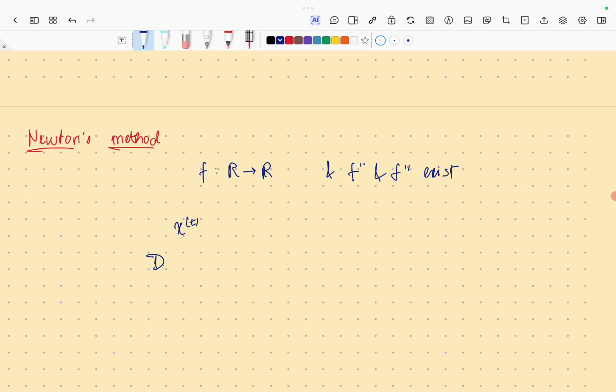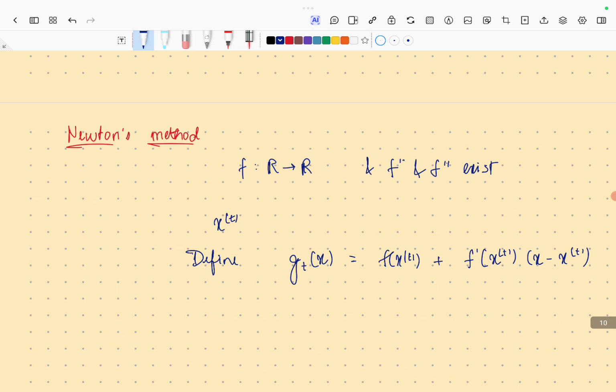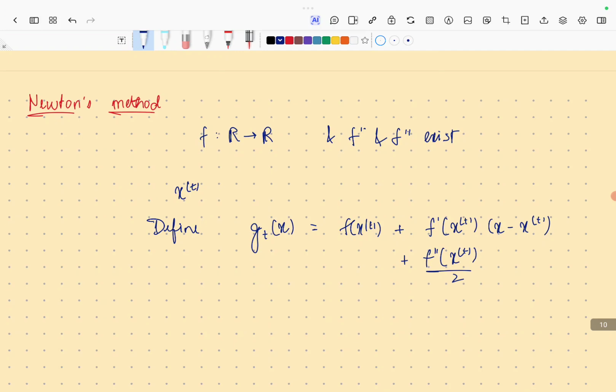So let's define gt of x to be f of xt plus the derivative of f at xt times (x minus xt) plus f double prime of xt by 2 times (x minus xt) the whole square.